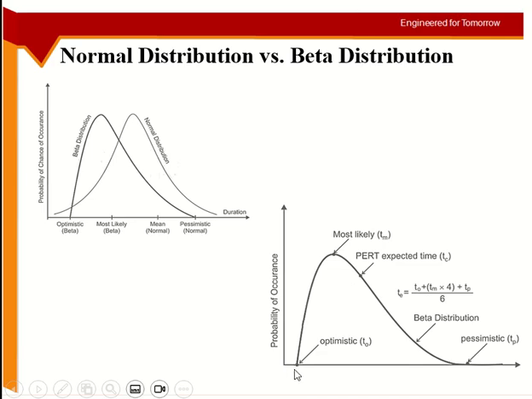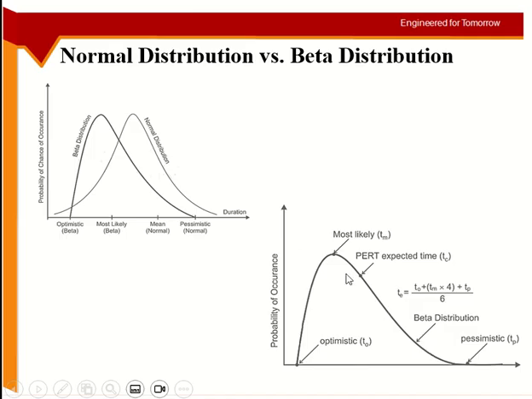And then there is the pessimistic time, which is the absolute maximum time of an activity. You cannot take more time than this. Remember, we are talking about the duration of the activity, not the delay when the activity is stopped. So stoppage is not included here. Beta duration follows this one, and this is what we assume.